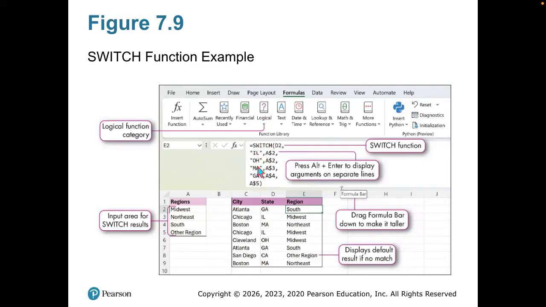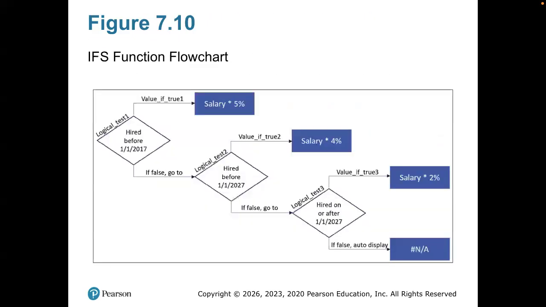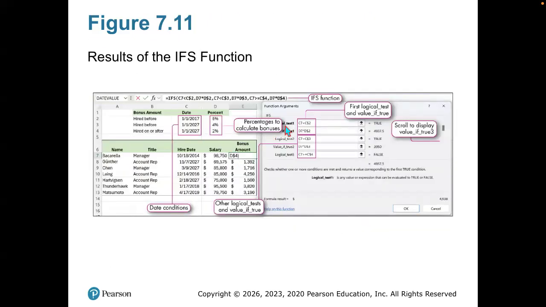So this is much more efficient than writing, if it is equal to Illinois, then I'll put this. If it's equal to this, I'll put that, because I'm switching the same value every time. If I am using the same expression, use a switch case. If I'm using different values, then my if statement is going to shine more. Like over here, now I'm comparing different things. I'm saying if this value is less than this, if this value is greater than that, let's say.